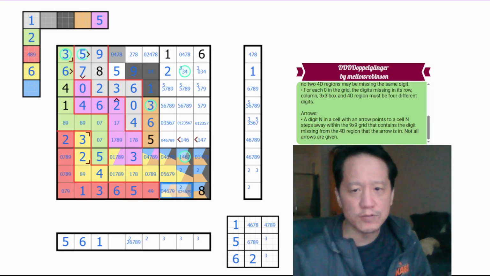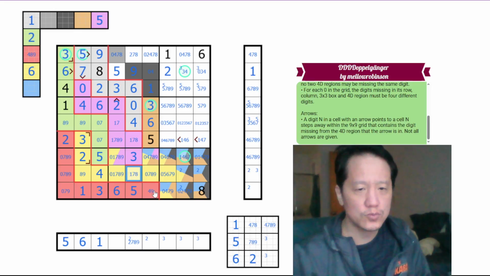No 6 in the rest of row 9. We cannot be missing 6 in the rest of the boxes. One has to be one of these 2.